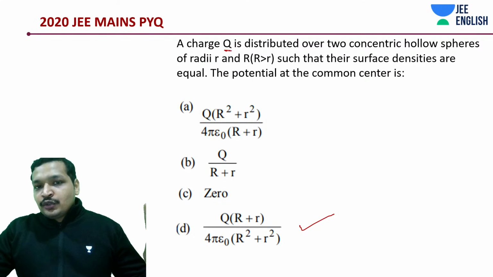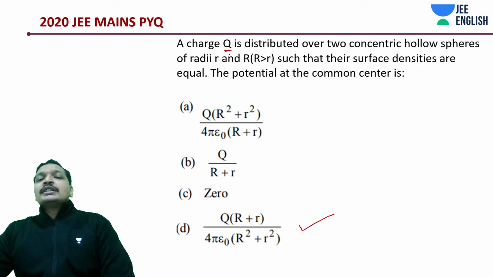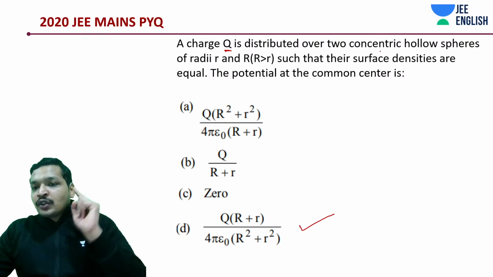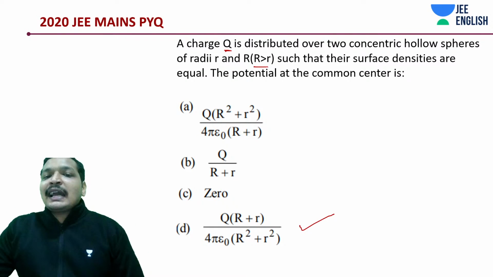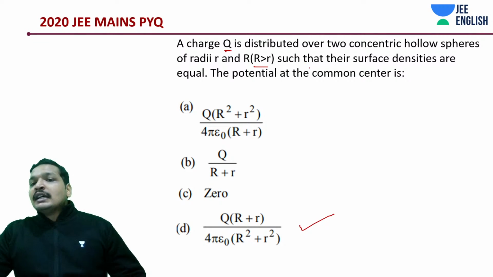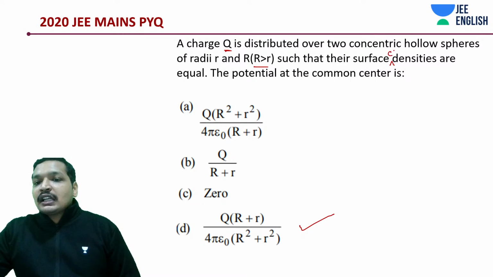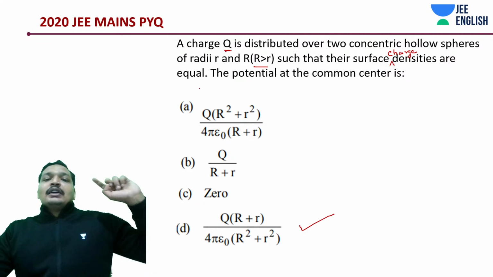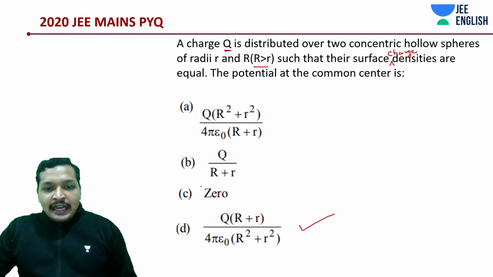Same kind of charge Q, that too is uniformly distributed. A charge Q is uniformly distributed over 2 concentric hollow spheres of radius r and R such that capital R is greater than that of small r, such that the surface charge densities are equal. Okay, the potential at the common center, concentric, it cannot be 0.